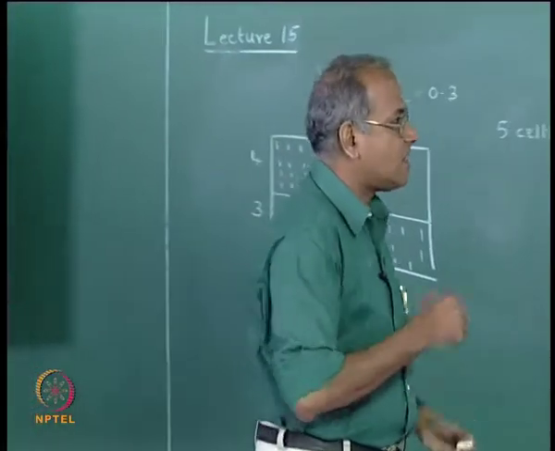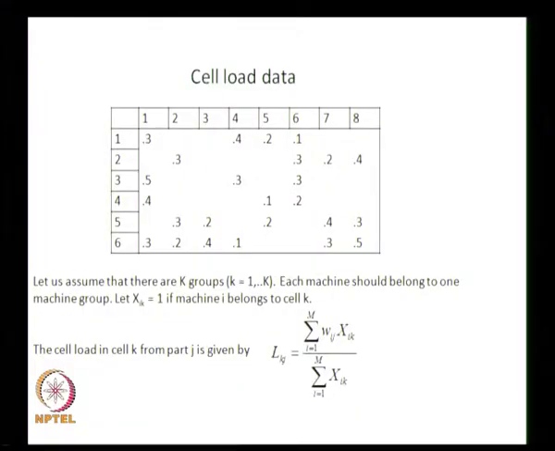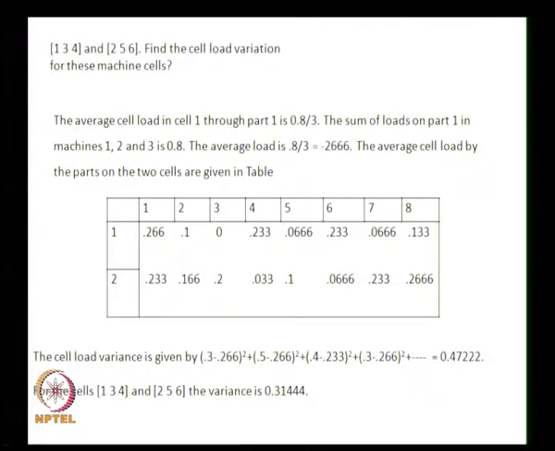Now, let us understand what this cell load variation is through an example first, and then we look at a formulation that minimizes the cell load variation. Let us assume that this is the machine component incidence matrix that we have, and let us assume that we have 2 cells.